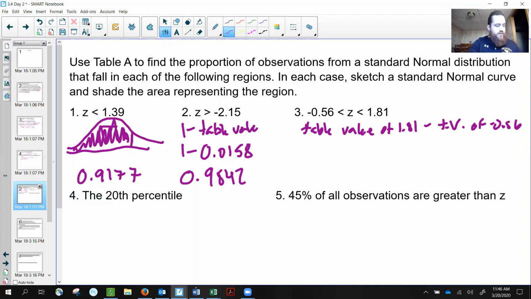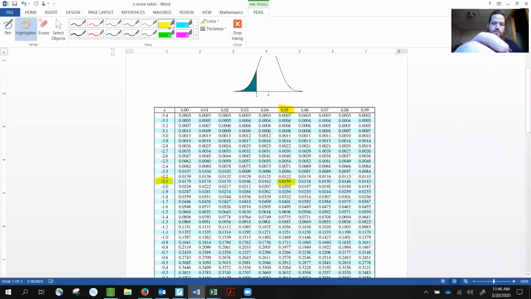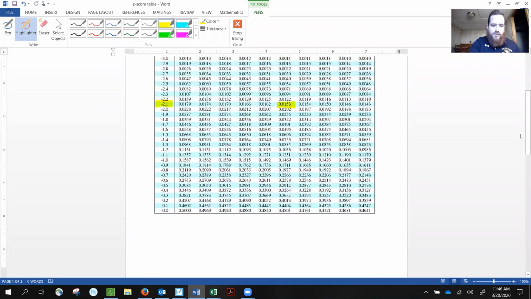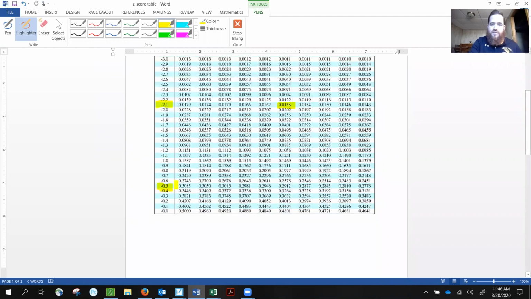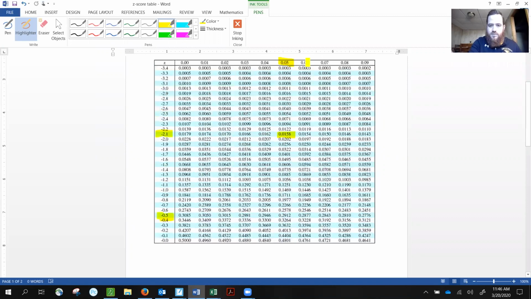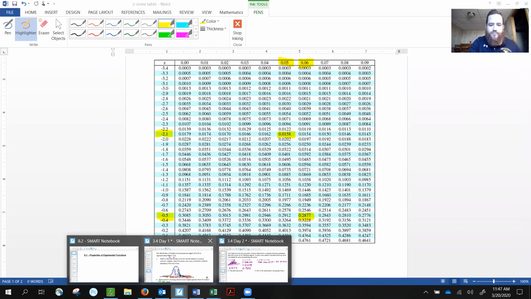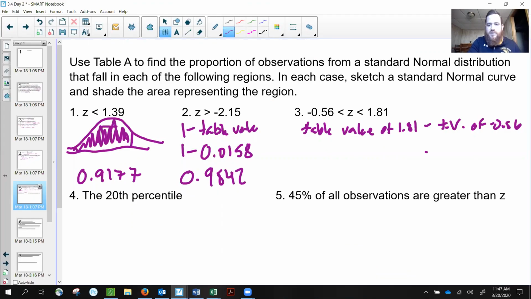Let's find those two values. Negative, so we're on this side, negative 0.5, 0.6, where those two meet, right there. So 0.2877 is our second value. Now I need to find 1.81.